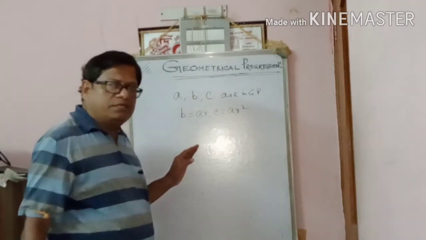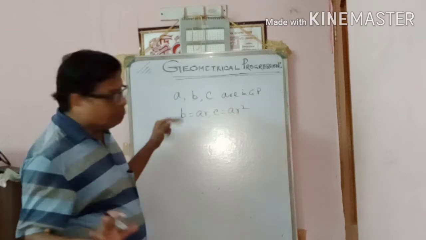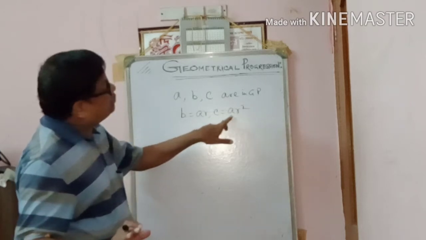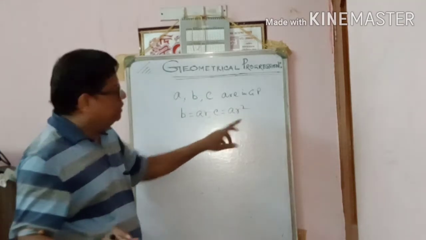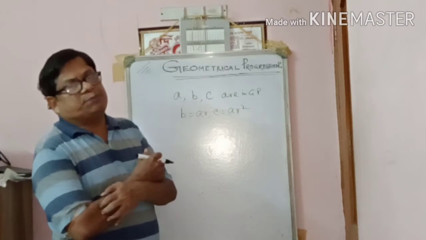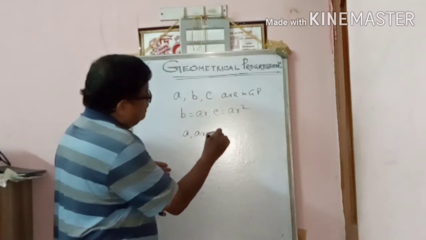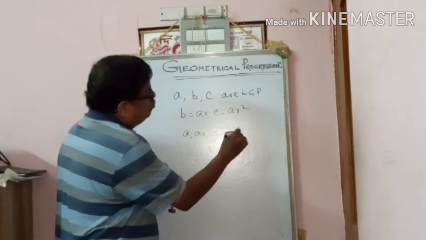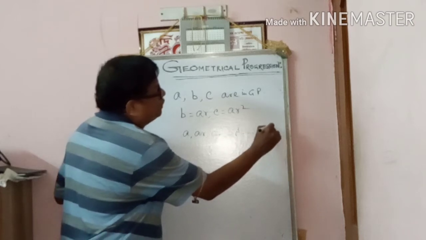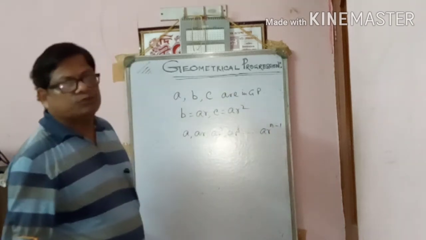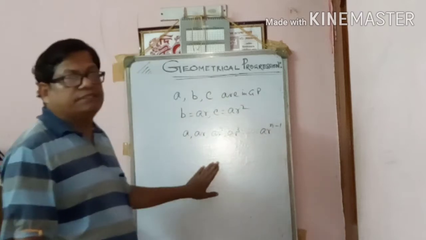A has no change, B in terms of AR, C in terms of A we can write AR square. So let the numbers be in GP: suppose A, AR, AR square, AR cube, up to AR to the power n minus 1. Okay, the numbers are in GP.